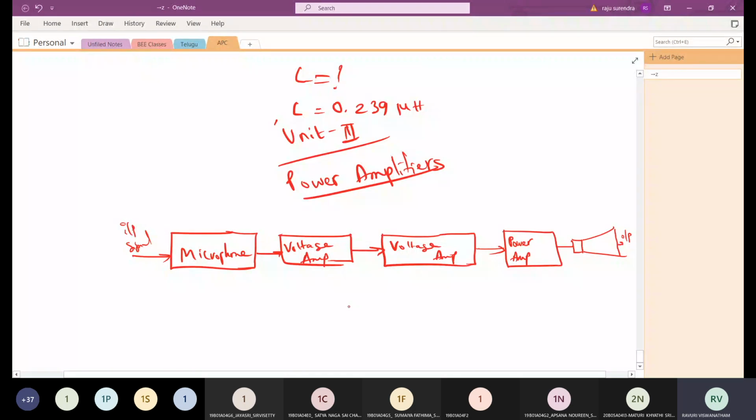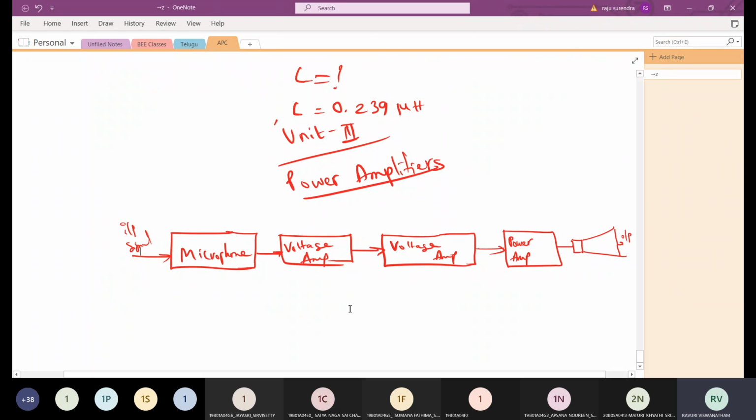So this is the basic block diagram with respect to the amplification. Initially we are applying the input signal to the microphone, which is amplified. So voltage amplification takes place. We didn't obtain the sufficient signal, then again it is applied to another amplifier circuit, which is then applied to the power amplifier circuit.